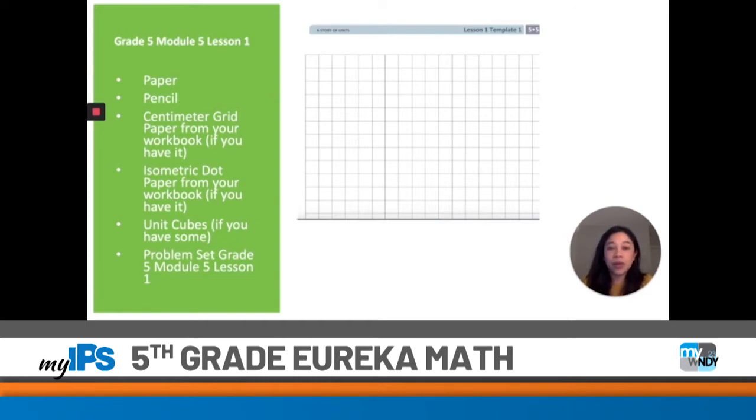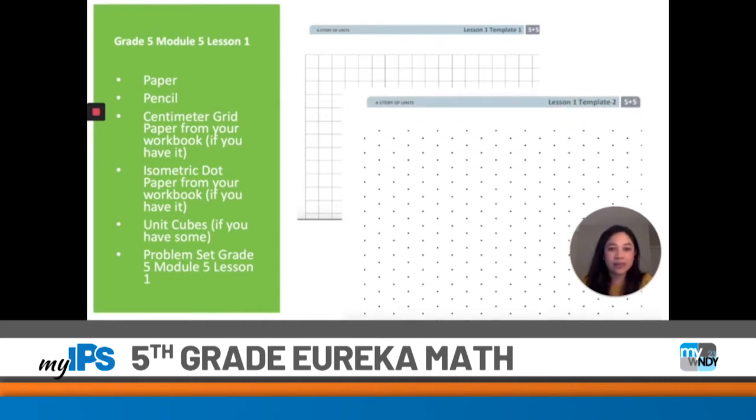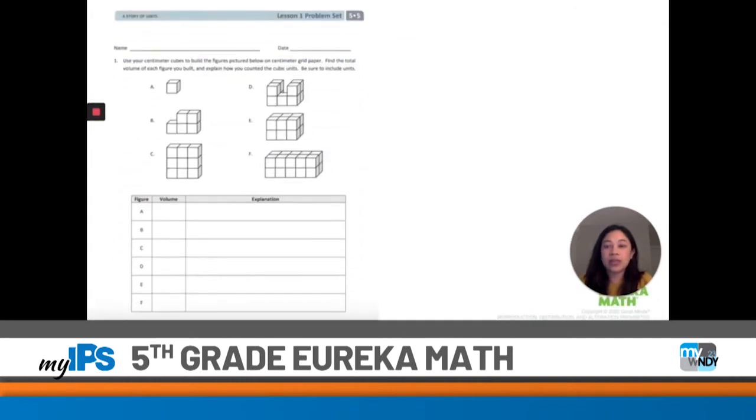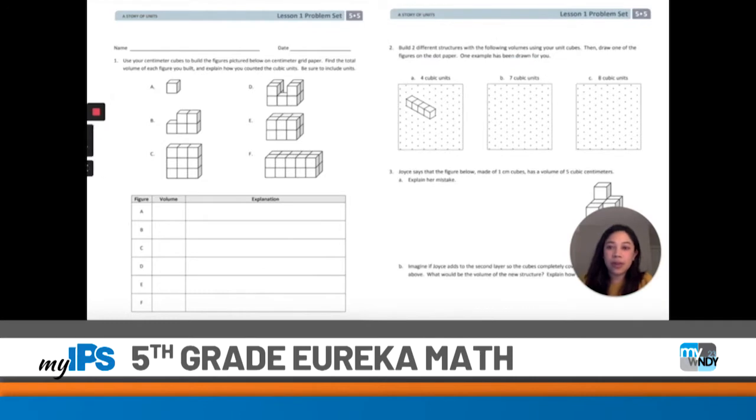But if you do have your workbook, it looks like this. We'll be using also different cubes for this because we'll be doing quite a bit of building with this lesson. And last but certainly not least, I'll also be using the problem set Grade 5, Module 5, Lesson 1. Now that is also in your workbook, and it looks like this. Here's the first page, and here's the second page.